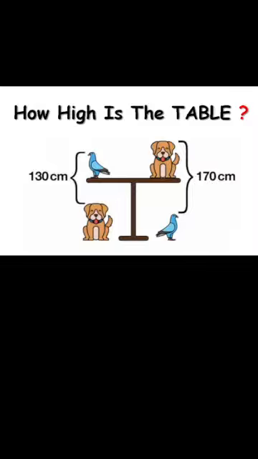On the left hand side the distance between their heads is 130. However, on the right hand side the distance between the head of the dog and the head of the bird is 170. Now we need to calculate the height of the table here. Let's see how many of you can do this.